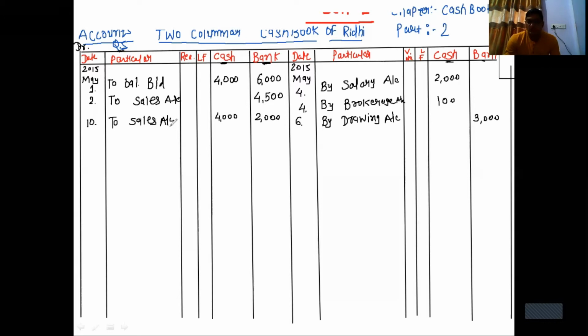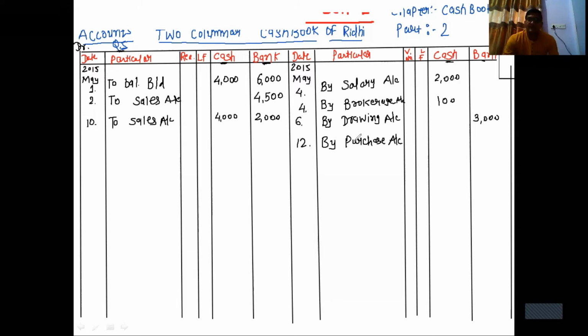Okay, next one, transaction number 12, goods of 5,000 purchased and the amount is paid by check. Here we purchase the goods, so cash balance or bank balance is decreased, so it is on the credit side. We have to write by purchase account, date is 12th.